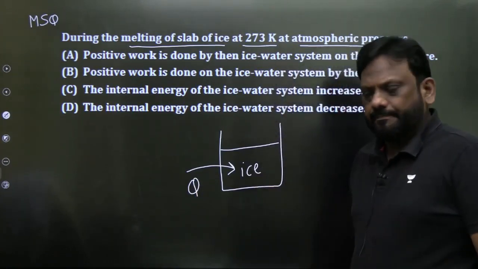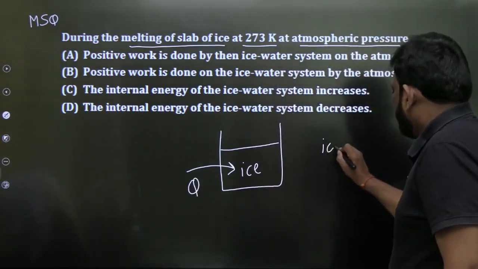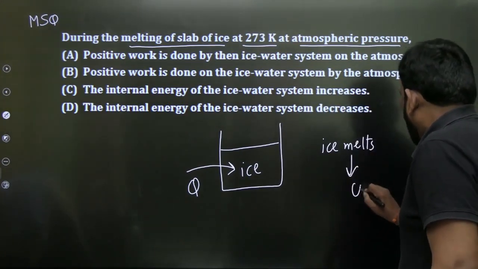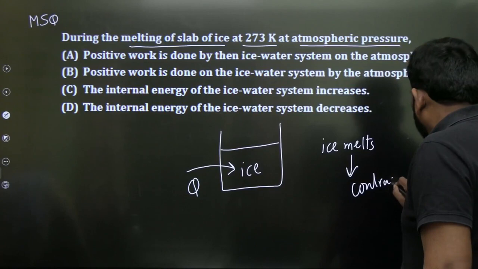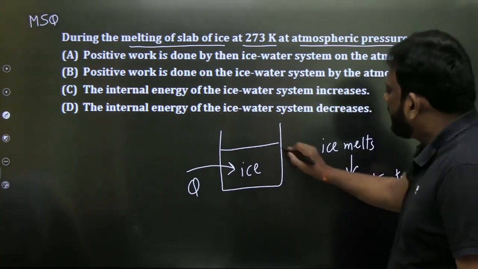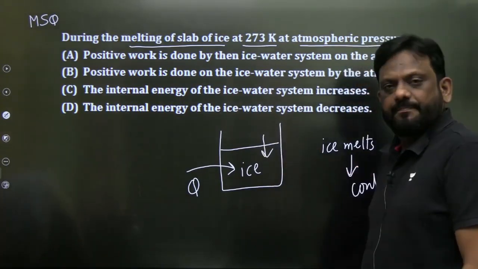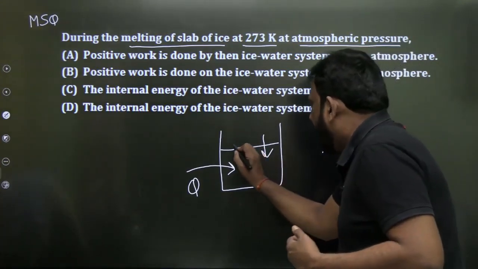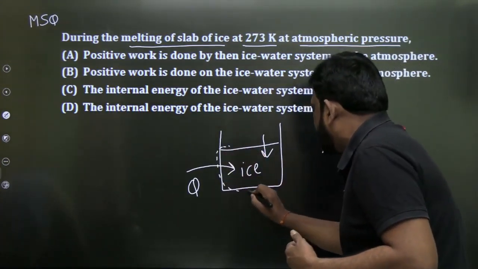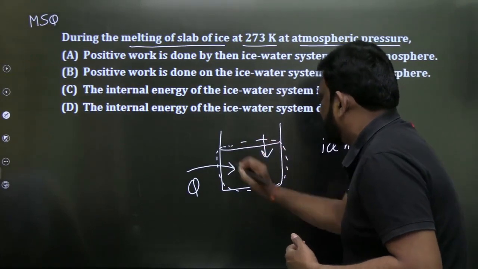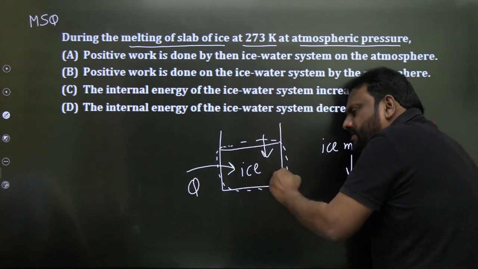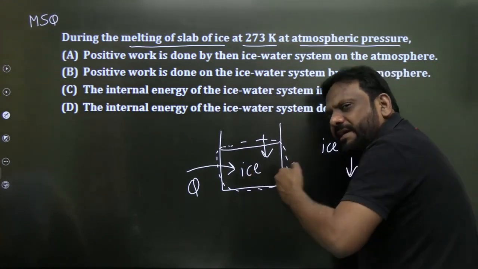Then it starts melting. You know, my dear students, when ice melts, it contracts. When it contracts, the volume decreases. If I take ice as a system, it is absorbing heat, and thereby it is converted into liquid, that is, it is melting.